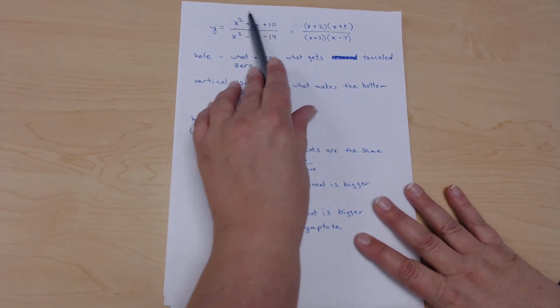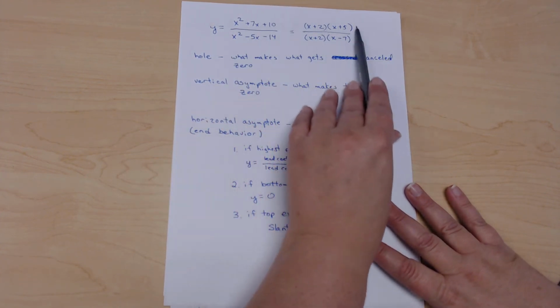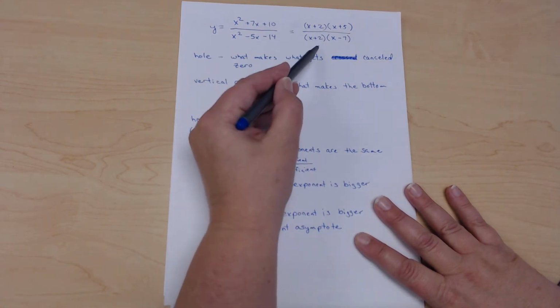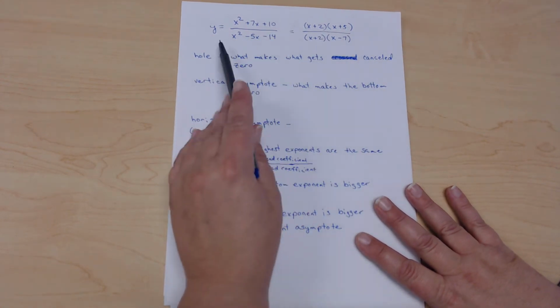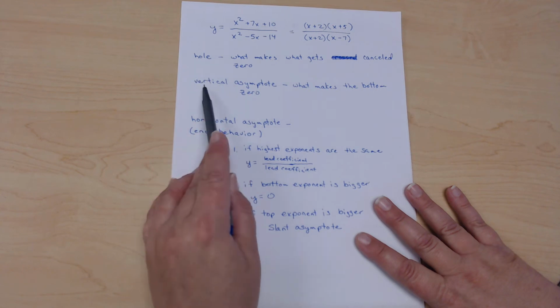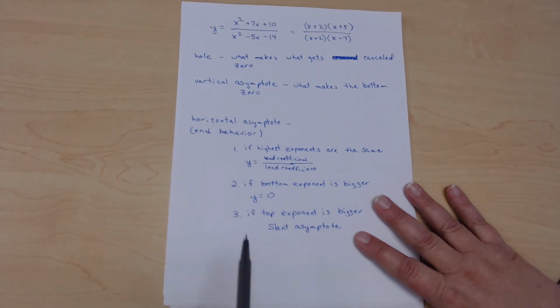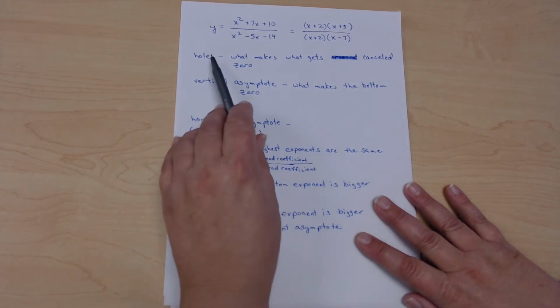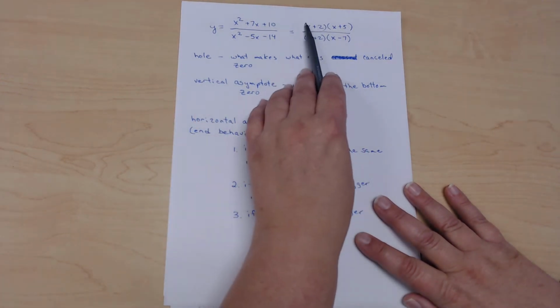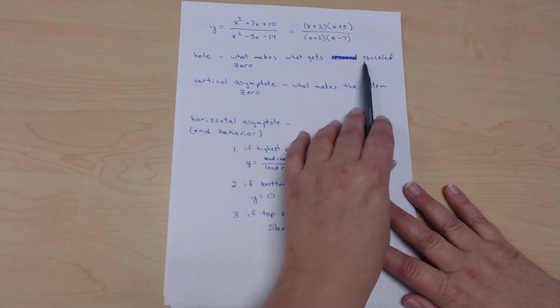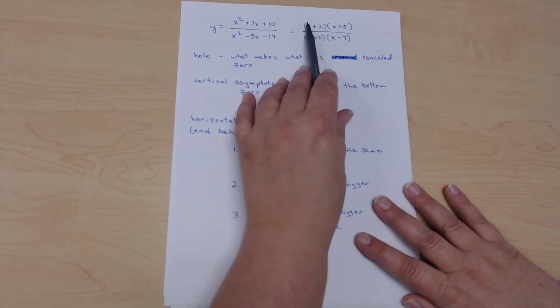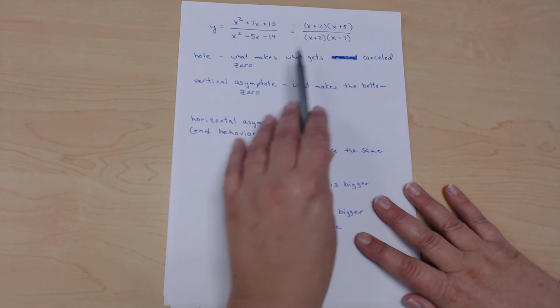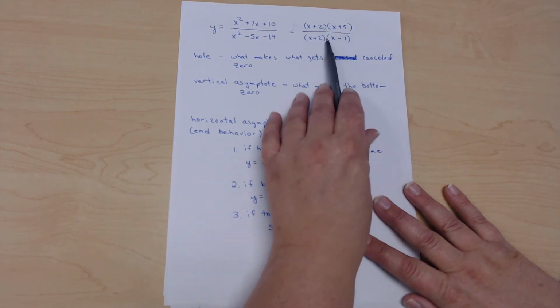Remember when we had these rational fractions and we factored them and then canceled them and we got a whole bunch of things: hole, vertical asymptote, horizontal asymptote, and I think we also did x-intercept and y-intercept. And remember, the hole is what got canceled. I always say crossed out, but I prefer canceled. Vertical asymptote is what makes the bottom 0.